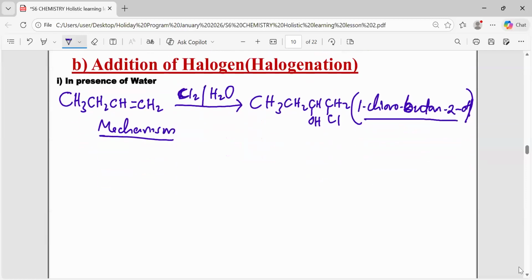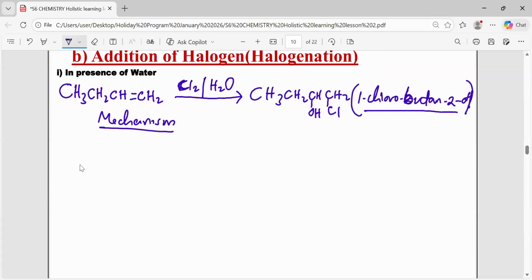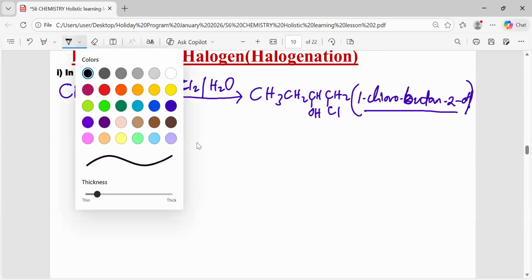Do you think you can take us through the mechanism or we call someone else? I can try. Okay, let's begin. So there will be a reaction. Chlorine is going to react with water.